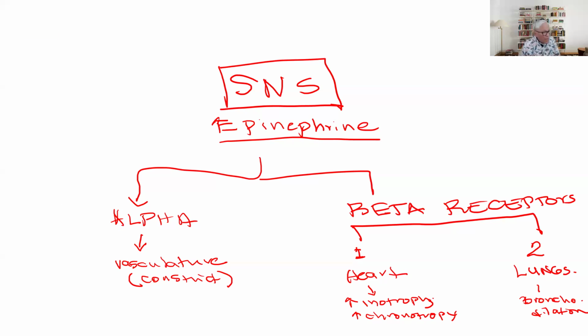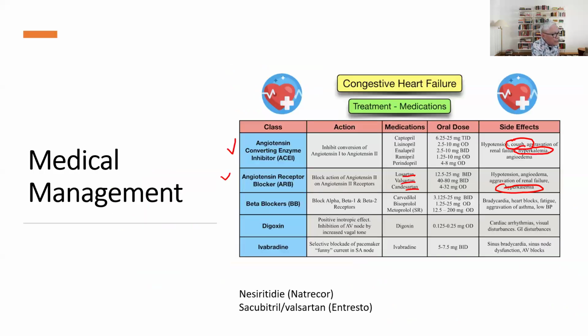Okay, so beta blockers are going to be drugs that end with olol. So these are the medications that end with pril. These are the medications that end with sartan. And these are the medications that end with olol. Okay, so examples of those would be your carvedilol, bisoprolol, metoprolol.